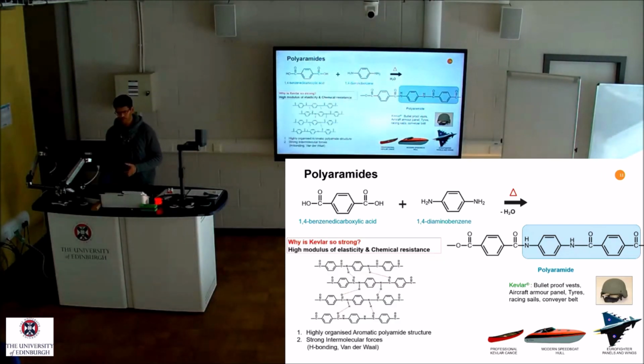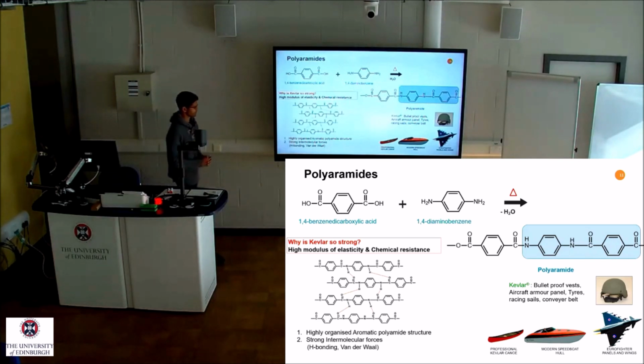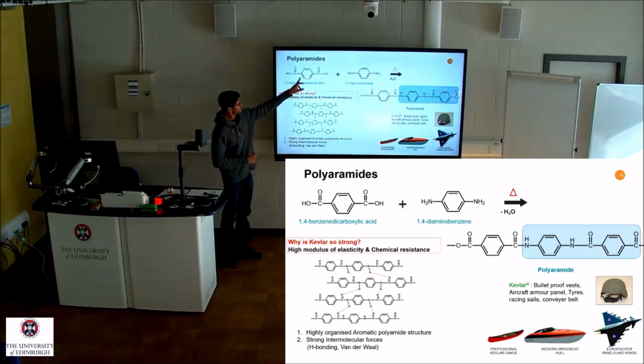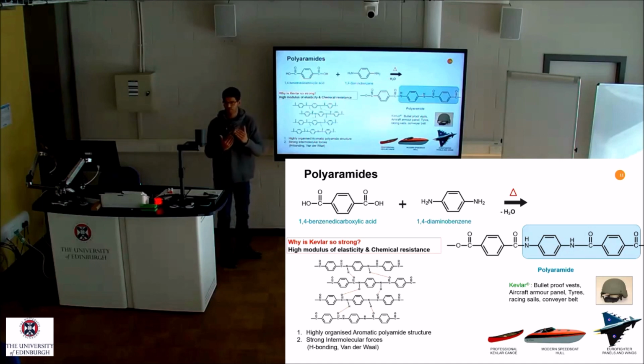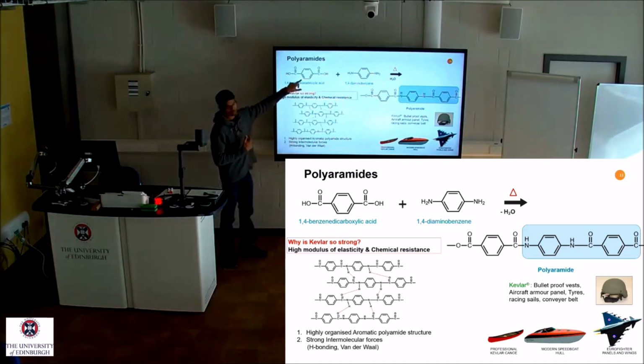So now the question is why Kevlar is so strong, or why it has such a high modulus of elasticity or chemical resistance. The reason behind it is mainly two. Instead of using aliphatic chains, as in nylon, which make it a little bit more flexible, you are using a rigid aromatic ring.